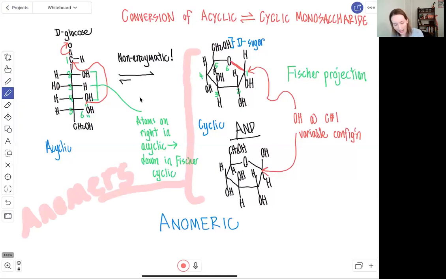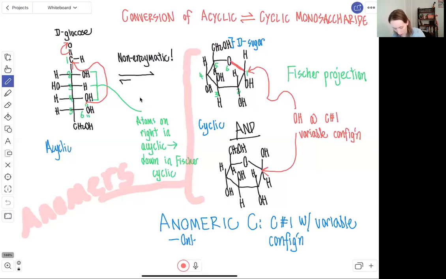Anomers differ at the anomeric carbon. So the anomeric carbon is carbon number 1, with variable configuration. These anomers differ in configuration at only one position within the molecule. All the rest have the same configuration between the two structures.